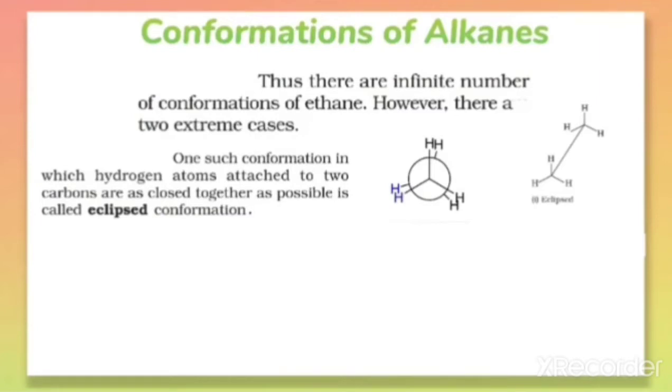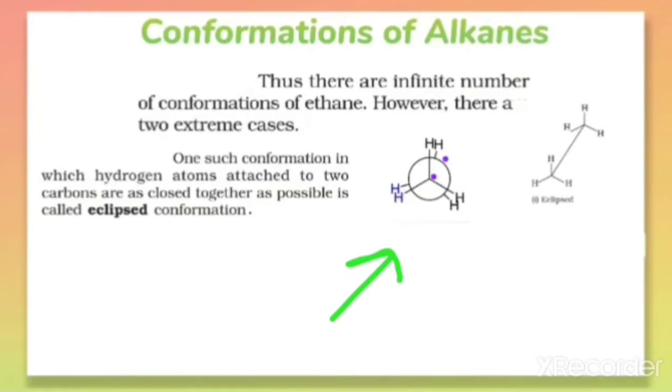When we view the molecule of ethane at the C-C bond head on, we can see the structure will be in this way. Here the ethane molecule has two carbon atoms. The first carbon atom we represent with this dot, and the second carbon atom, that is the back carbon atom, will be represented by a circle.